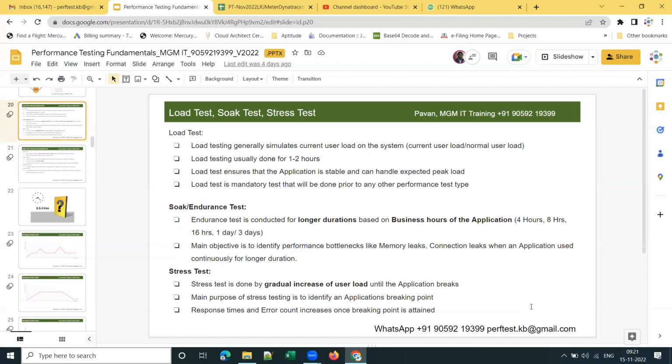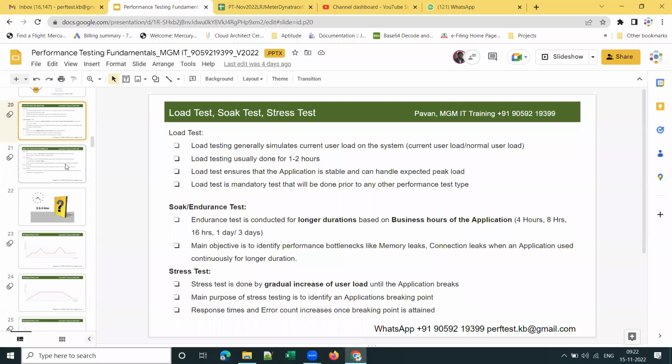More than 1% of errors is not acceptable. And for response times, we have SLAs. If your response times are breaching the SLAs, then we can say that the application reached its maximum capacity. Got it.